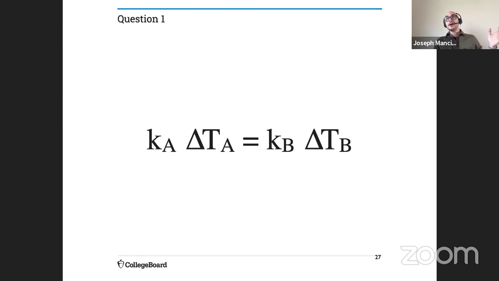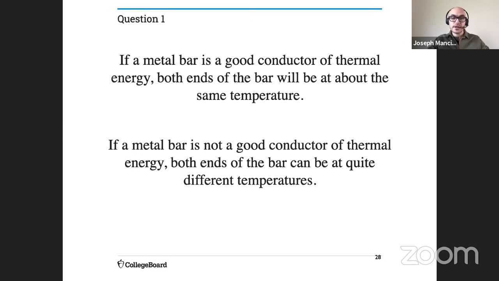But knowing that this test involves typing, involves words, involves explaining physics in prose, explaining physics ideas without using algebra, without using calculations, I would probably write: if a metal bar is a good conductor of thermal energy, both ends of the bar will be about the same temperature. If a metal bar is not a good conductor of thermal energy, both ends can be at quite different temperatures.